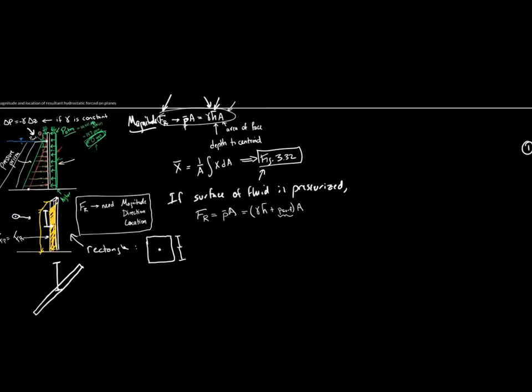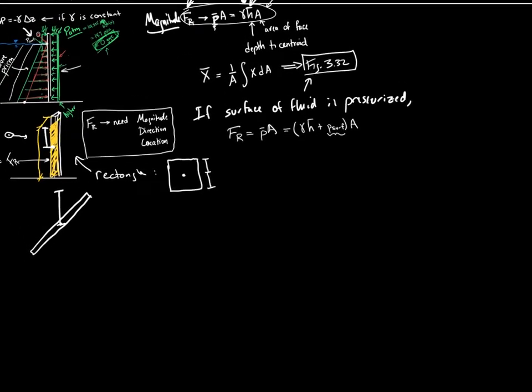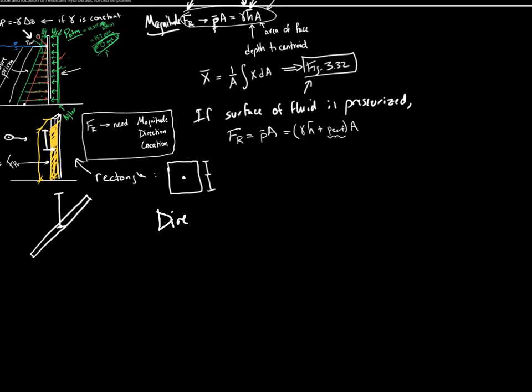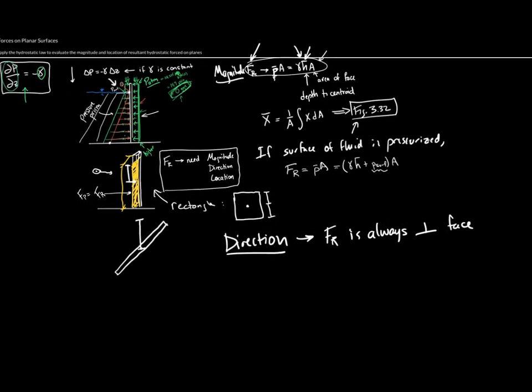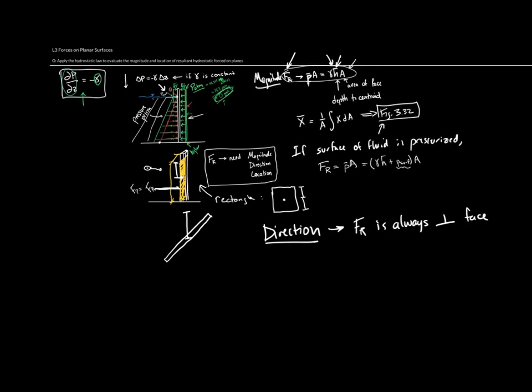The second thing that we need is the direction, and the direction is the one that I say, anyway, is easy. F sub R is always perpendicular to the face. Always. So you see I drew it up here. It's going straight into the face.